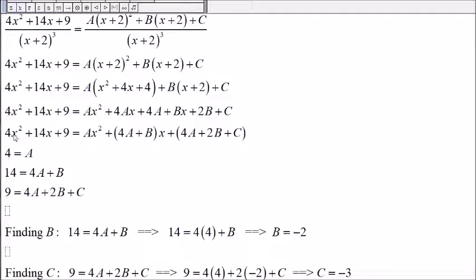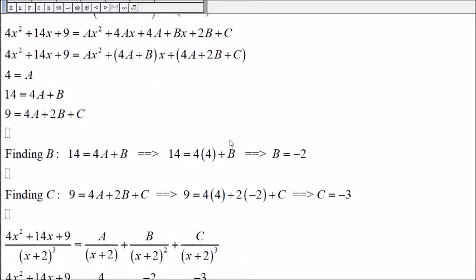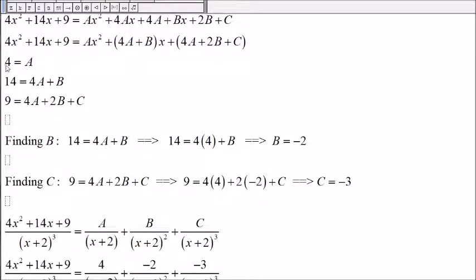And then now we just need to match corresponding coefficients. So the coefficients of the x squared will be 4 is equal to a, 14 is equal to 4a plus b, 9 is equal to 4a plus 2b plus c. A is 4.